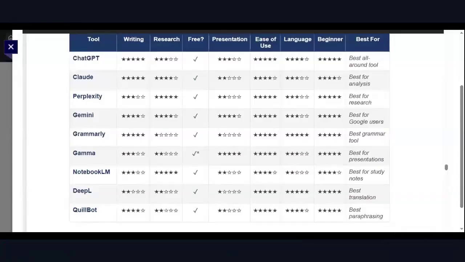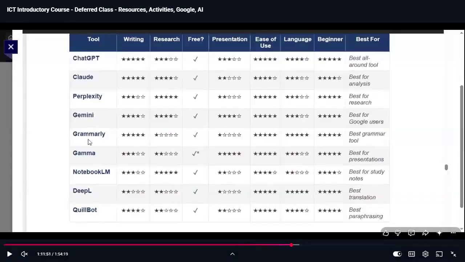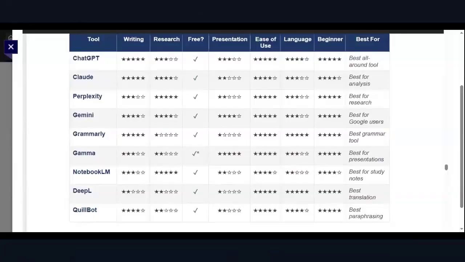I think Gamma is the best for presentation, and it's easy to use. Is it free? Yes, but it's in, let's say, a trial, I don't know, a one-month trial, I think, or I don't know, 15 days.